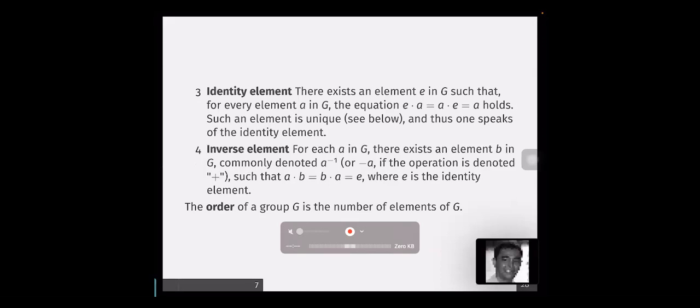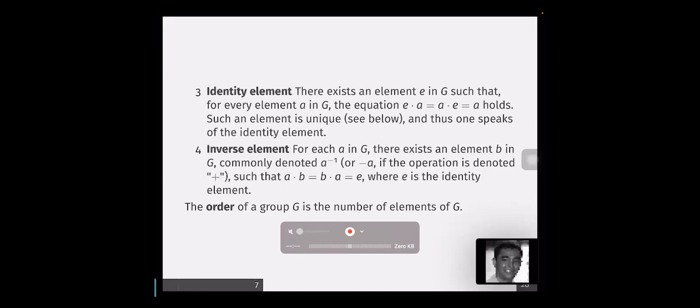Okay, identity element, no? So the group must have an identity element, which means that any member of the group multiplied by the identity element is equal to that member. No?